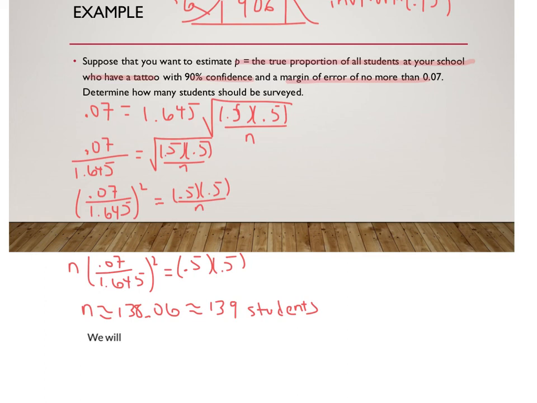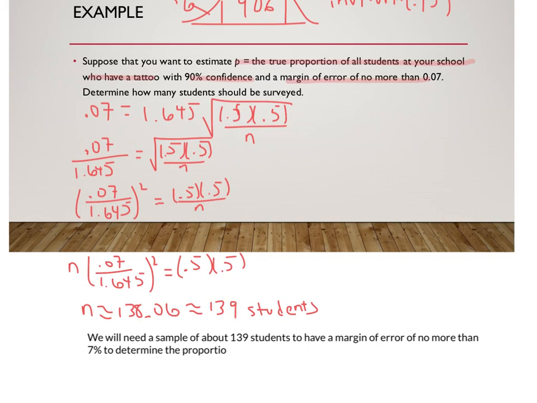We will need a sample of about 139 students to have a margin of error of no more than 7% to determine the proportion of students with a tattoo. And that's all we have for that example.